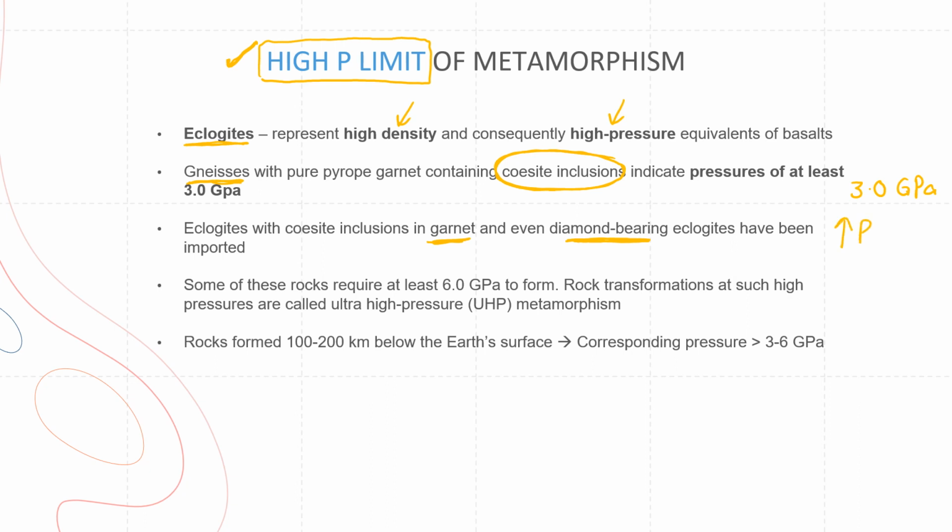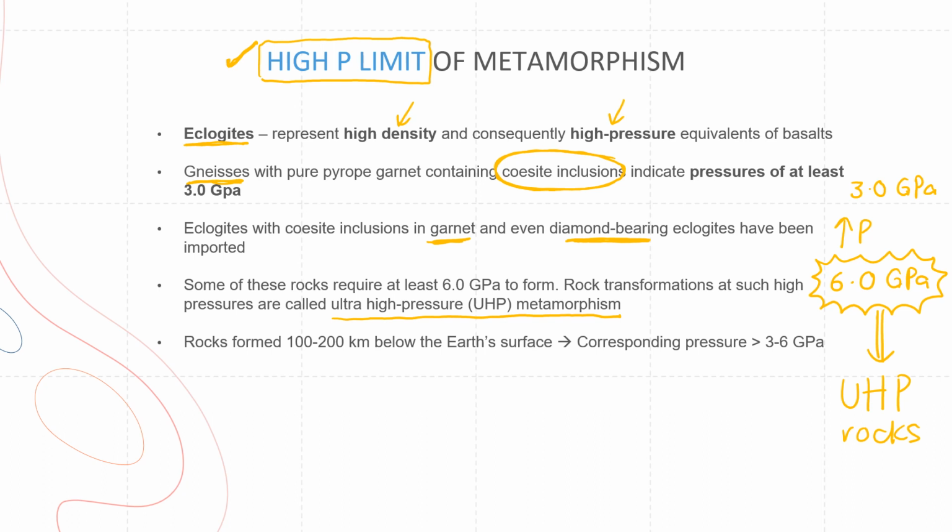Some of these rocks require at least 6 gigapascals to form. Because of these really high pressures, these rocks are very aptly named ultra high pressure rocks. So they undergo ultra high pressure metamorphism.